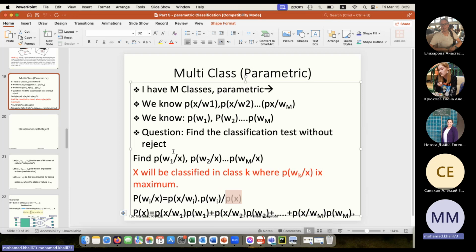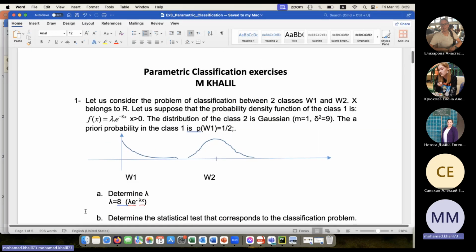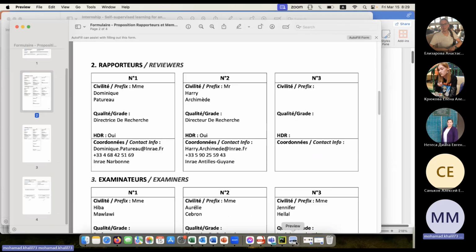Today we will do exercises and lab only on this chapter. You have this, I think, in your domain. I will see.